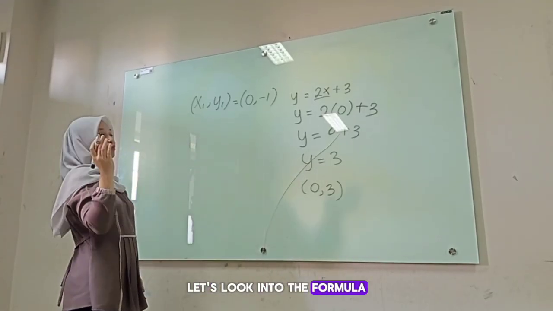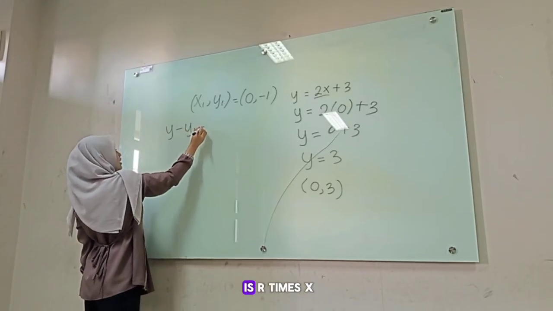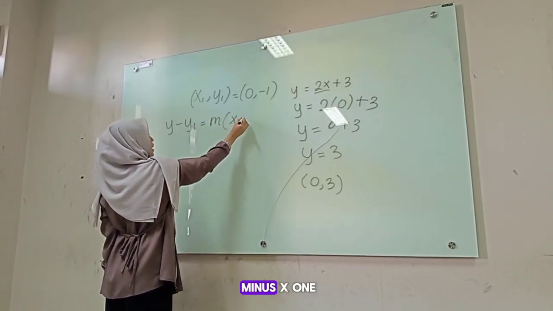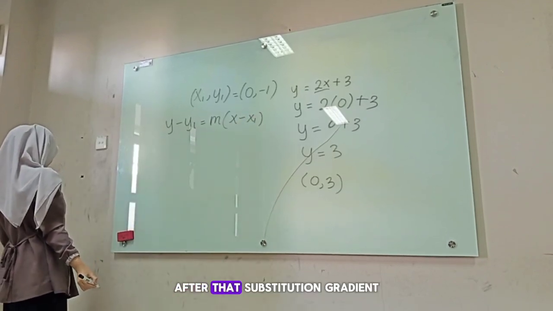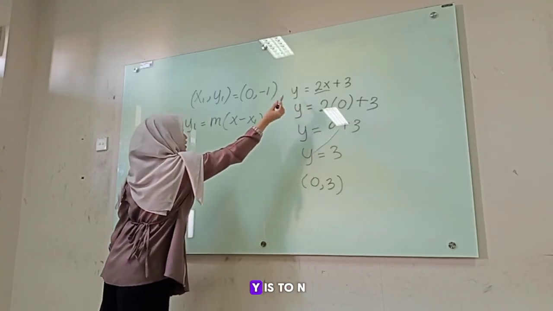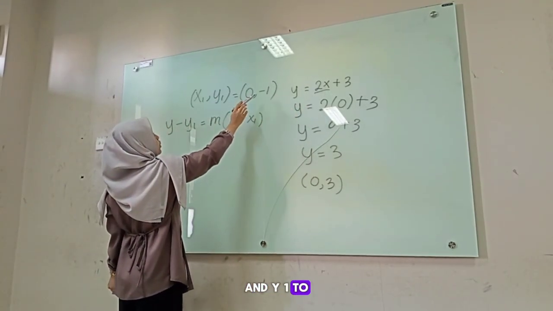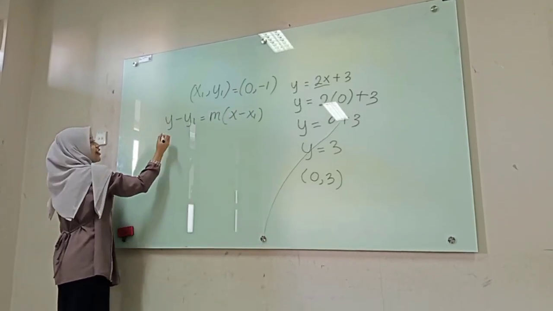Let's look into the formula. Y minus y1 is m times x minus x1. After that, substitute the gradient, which is 2, and x1 and y1, which are 0 and negative 1. Let's go together.